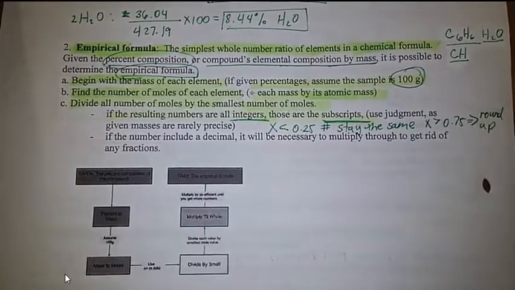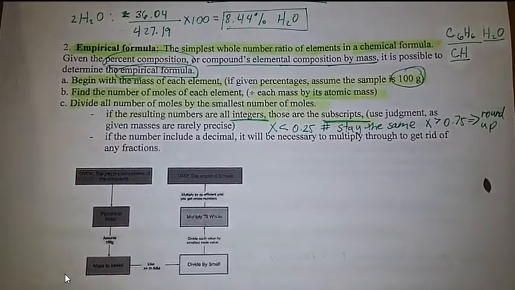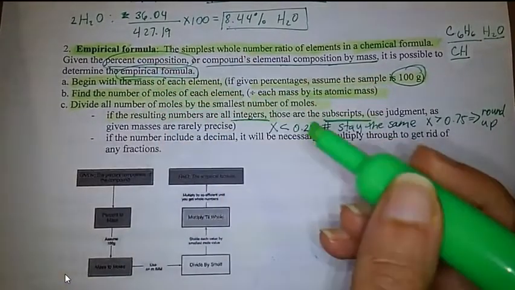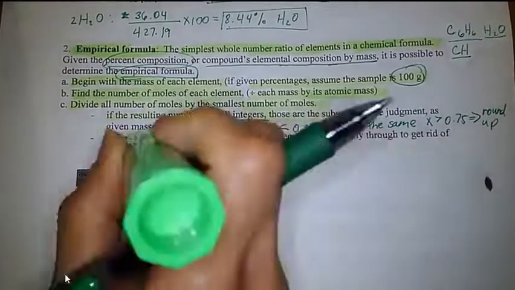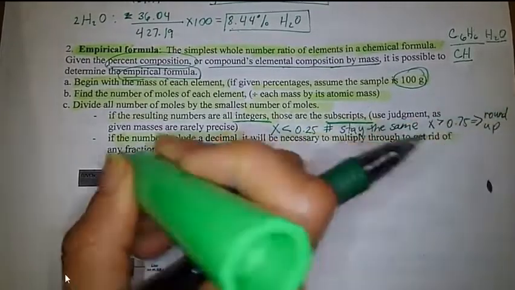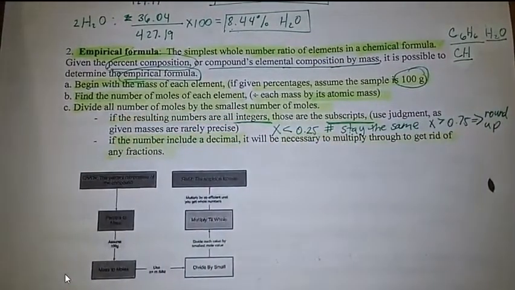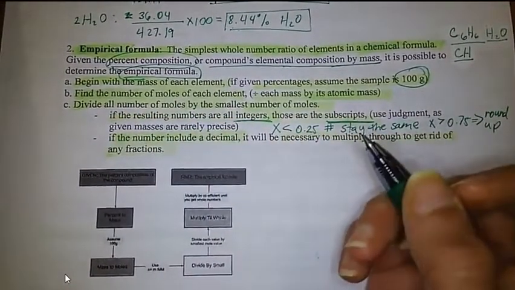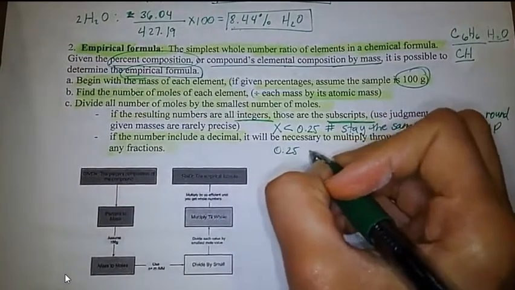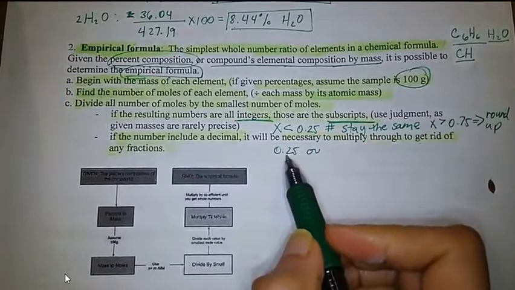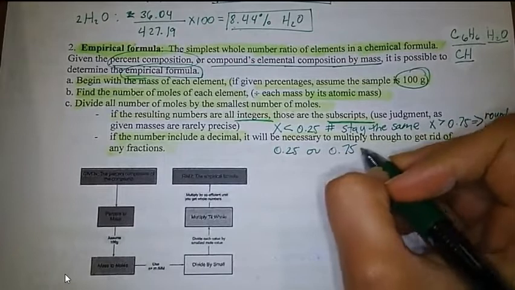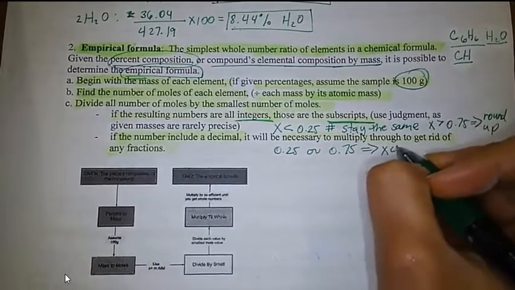All this will make sense to you in a minute when you actually apply it, so bear with me. If the number included is a decimal, it will be necessary for you to multiply to get rid of the fractions. For example, if a number is around 0.25 or 0.75, then you're going to need to multiply it by 4.